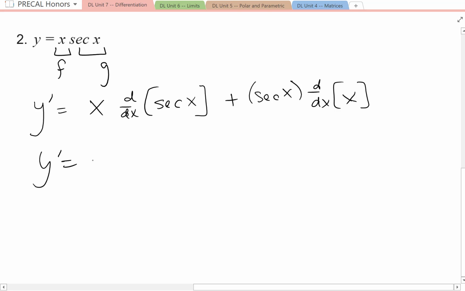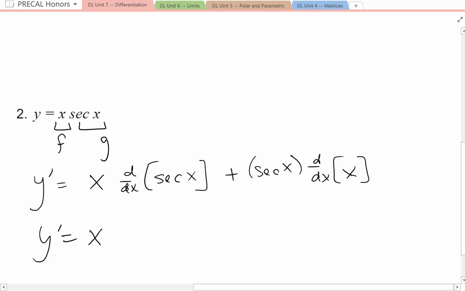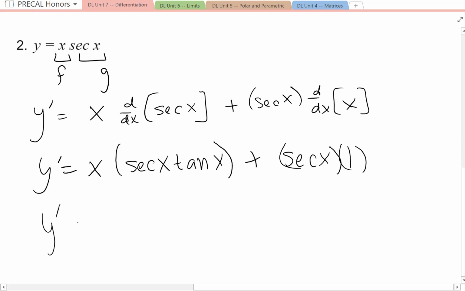This is y prime. x times the derivative of secant x, which is secant x tan x. So we'll multiply x by secant x tan x. And then the derivative of x is just 1, so plus secant x times 1, which is just secant x.